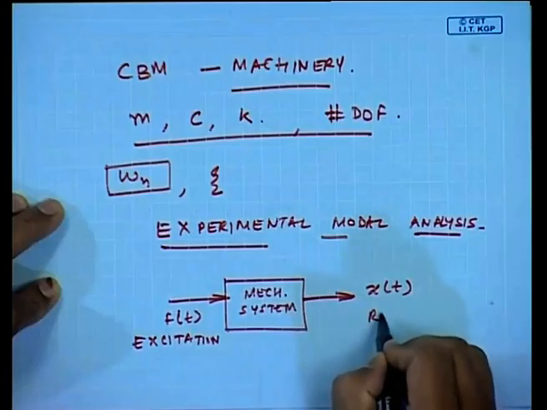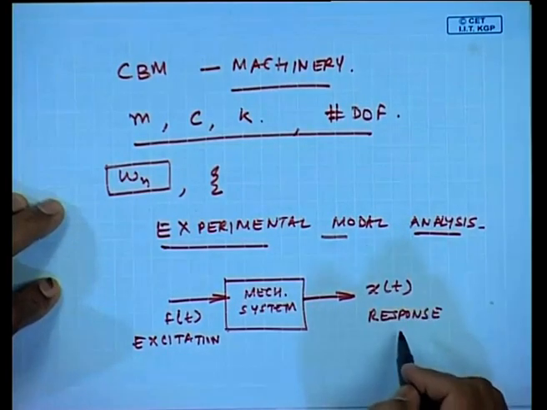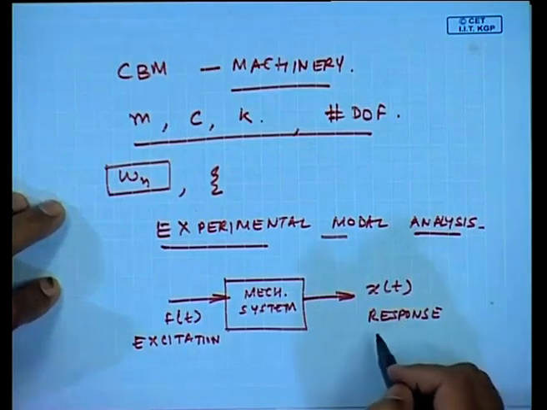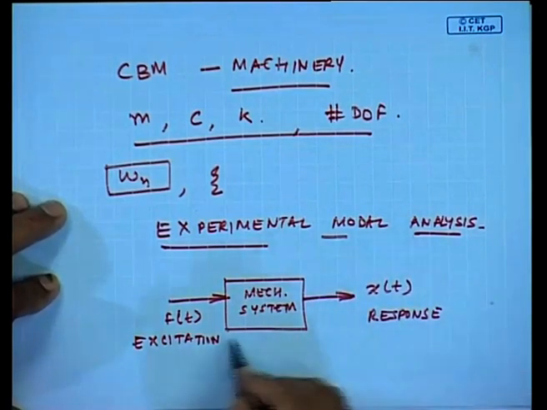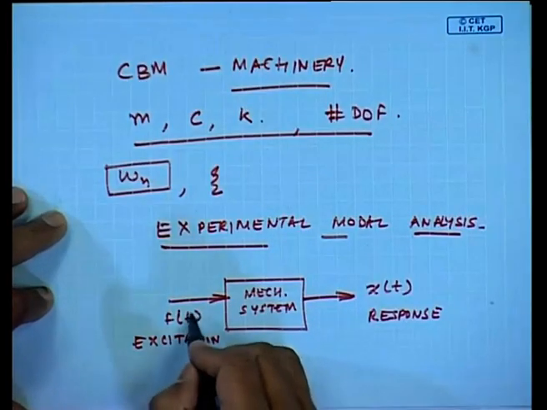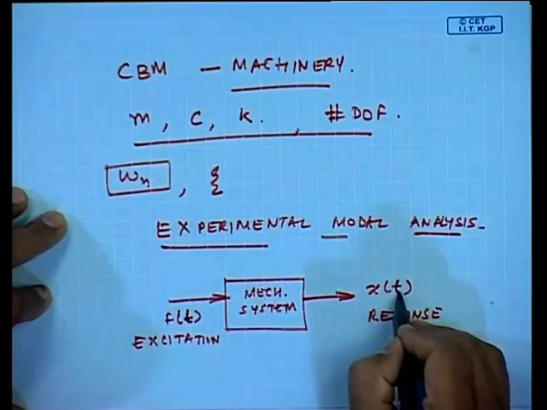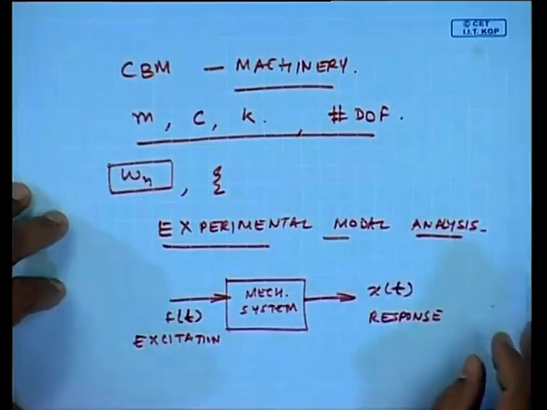This is my response. As I was telling you, this response could be velocity, displacement, or acceleration. Excitation is usually a force, and of course they are all in real time, so I have denoted them as a function of time.